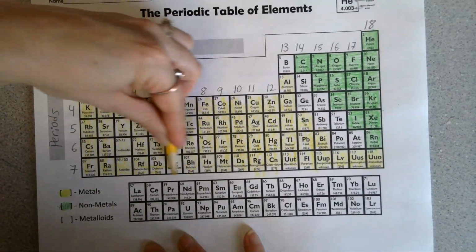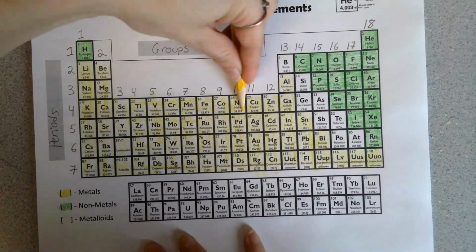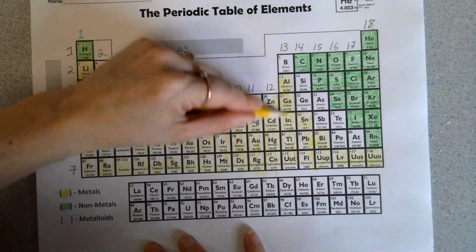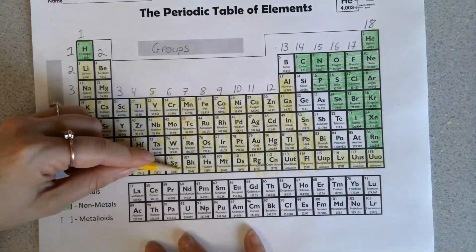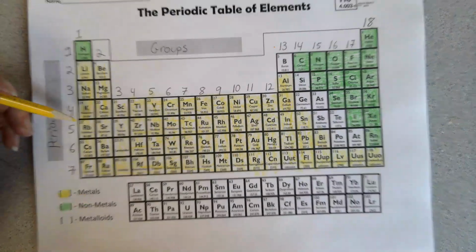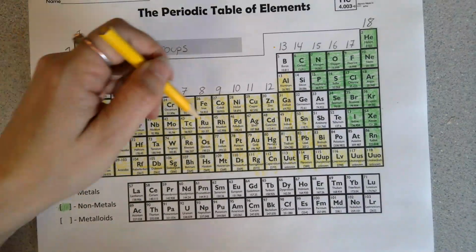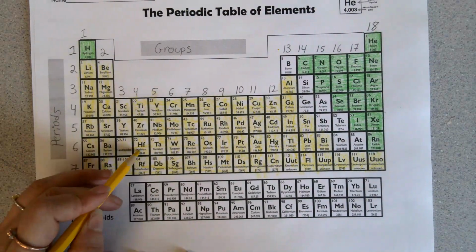Now, a lot of you noticed when you were looking for elements with different symbols that it was kind of hard to find something like 78, because we're going across 37, 38, 39, 40, and so on. We get to 54, 55, 56, 72. Weird, huh?